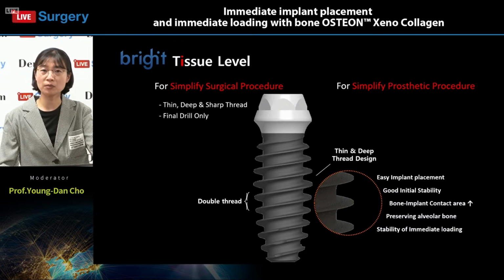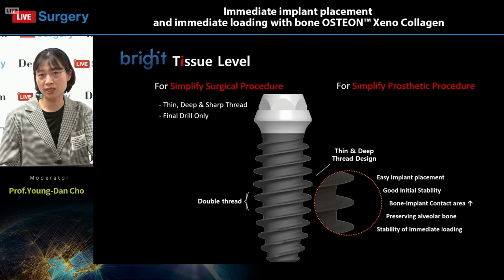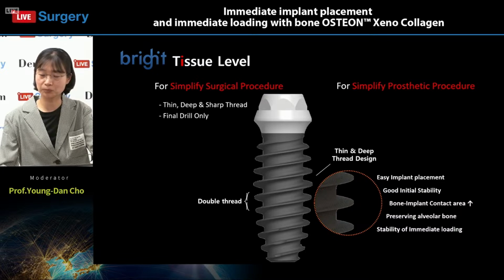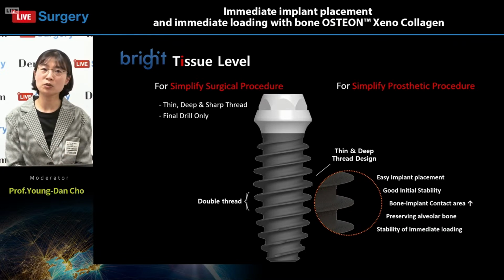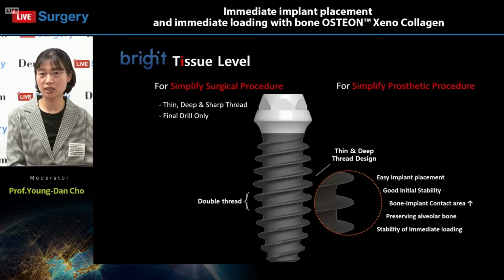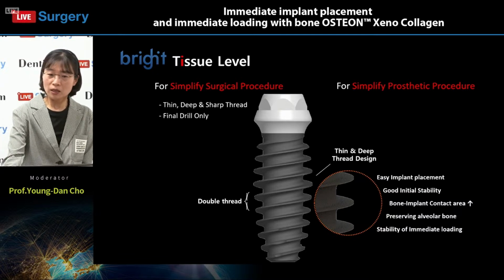I think it is very proper for immediate implantation, and after detaching the mount and connecting the scan abutments, it can reduce the time for the provisional prosthesis, and also reduce the final prosthesis time. So it is very useful for immediate implantation, also immediate loading.